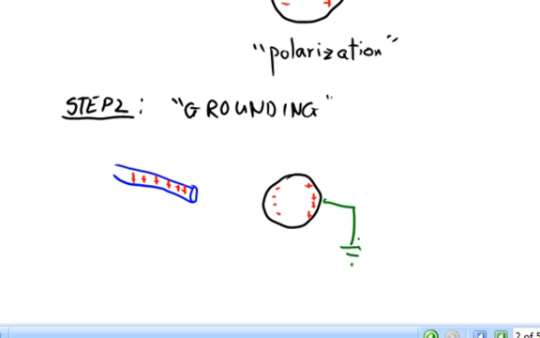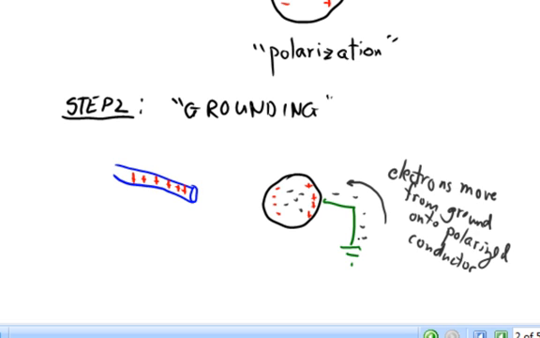Well, this ground wire allows conduction of electrons. This side of the sphere that's polarized attracts electrons from the ground. So some electrons leave the ground and come on to this sphere as long as that positively charged wand is present. Now, electrons are electrons, but just for clarification purposes, I have drawn some electrons red, the ones that were originally on the conductor, and others black, ones that come from the ground.